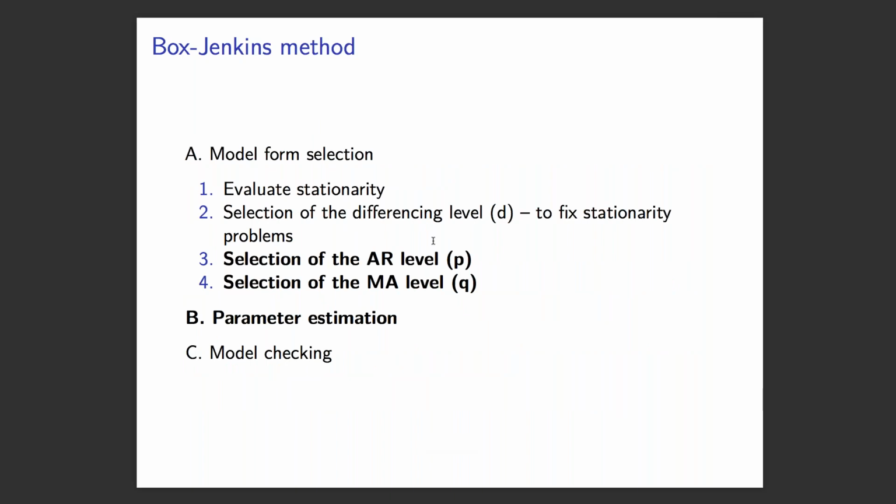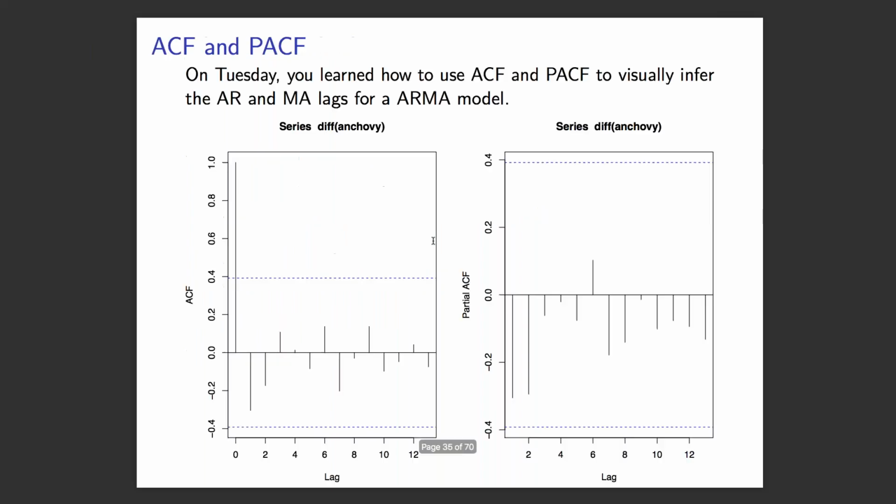So next step, in the Box-Jenkins method, we need to select our model. We need to select our AR level and the MA level, and we need to estimate those parameters. On Tuesday, you learned how to use the ACF and the PACF to get some insight into the structure of your data and what ARIMA models, what AR and MA lags might be appropriate for your data.